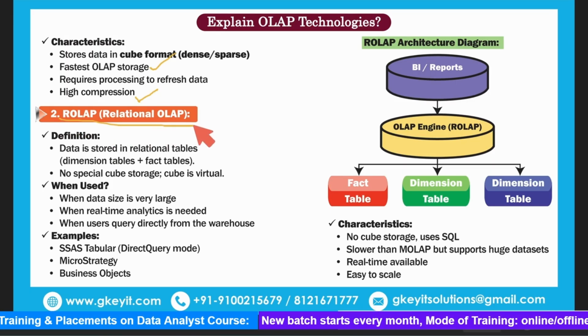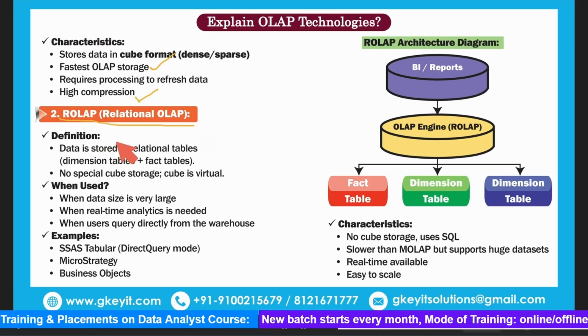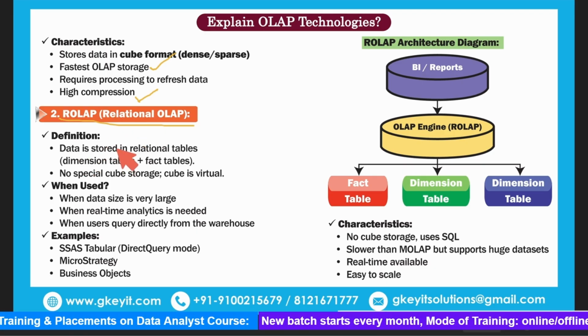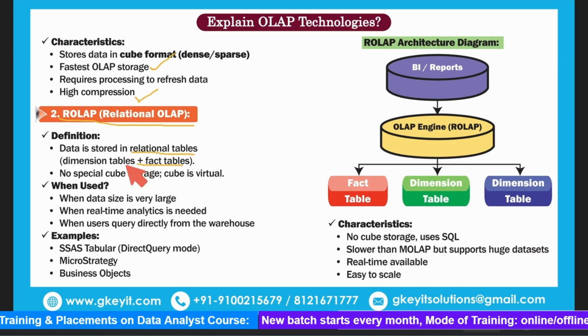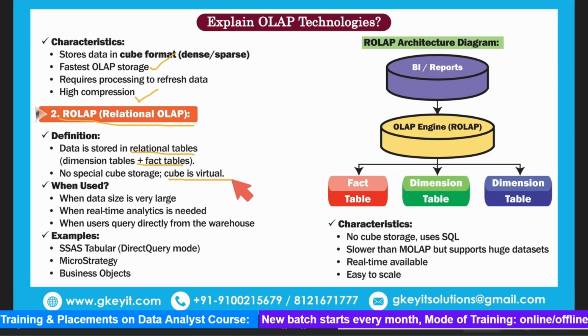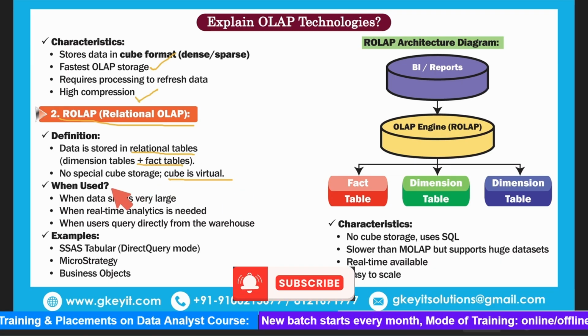And the next OLAP model is ROLAP, that is relational OLAP. Definition: data is stored in relational tables, that is dimensional modeling, dimension tables and fact tables. No special cube storage. The cube is virtual in this scenario.